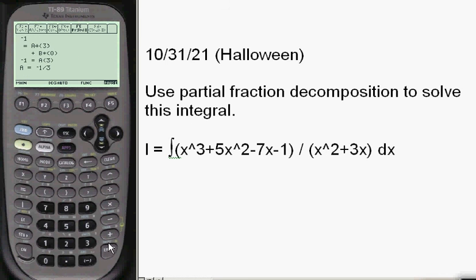So we do the math on that, and a is equal to minus 1/3 then. We're multiplying the left side of the equation with x equals 0 too. Of course, that turns out to be minus 1. And then we want to get rid of the a term, so minus 3 will do that. Minus 3 plus 3 is 0.